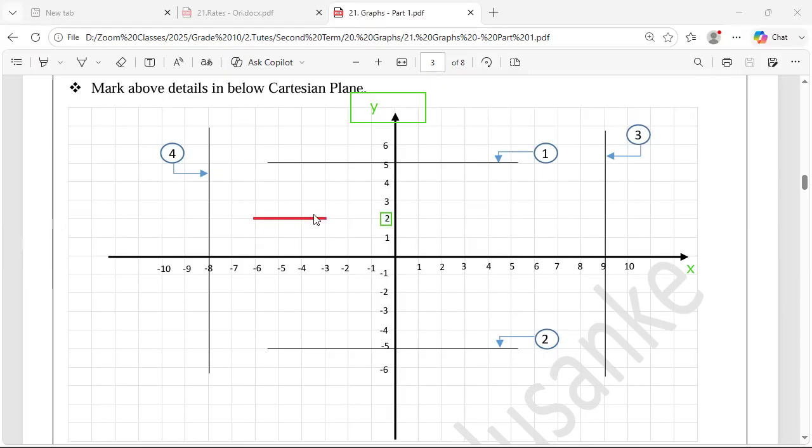This is the line y equals 2. First find the y axis, then find 2, then draw a line which crosses through 2. You need to label y equals 2.